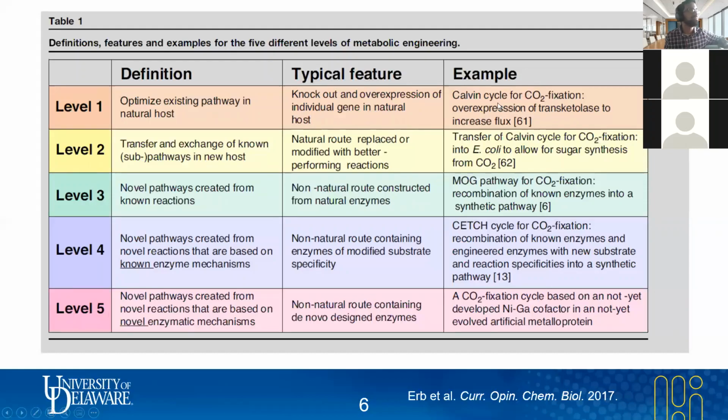And you can see how if an organism, say, already has the Calvin cycle and is capable of fixing CO2, then you can overexpress a transketolase. Then you could, even though this is not at all trivial, move, as a next step of innovation, the Calvin cycle to E. coli. And that's actually pretty sophisticated, but that's still level 2.